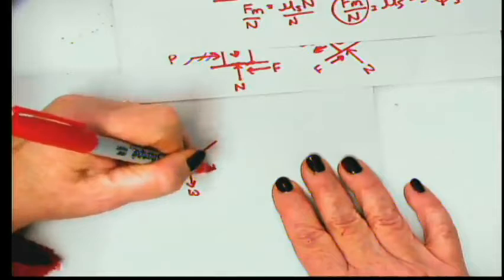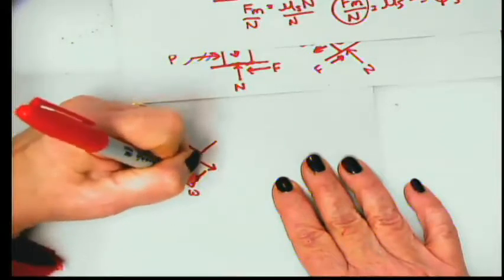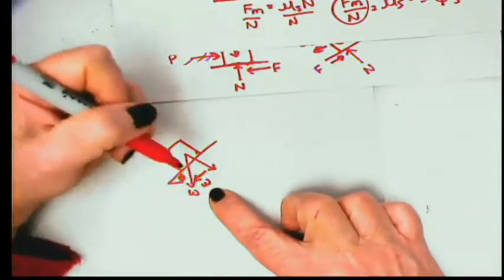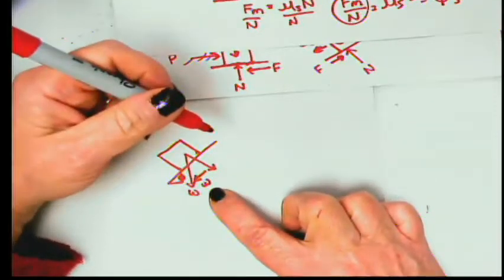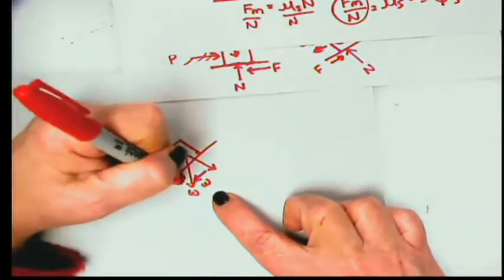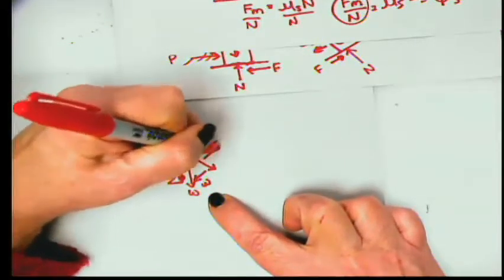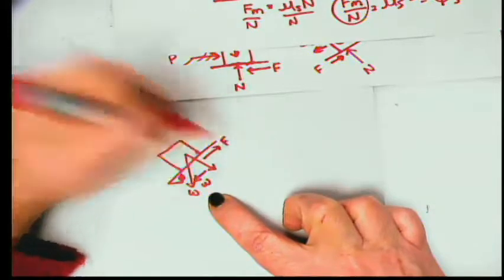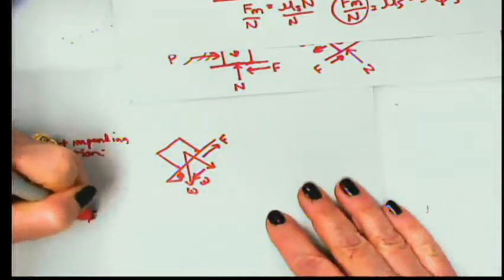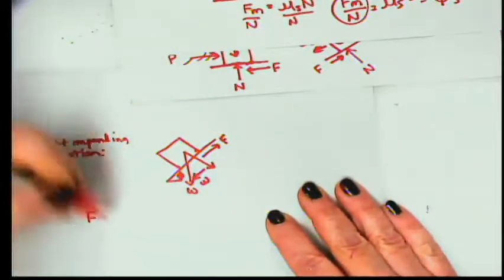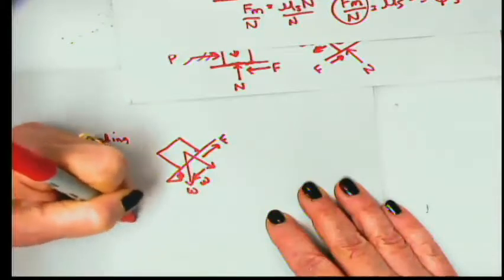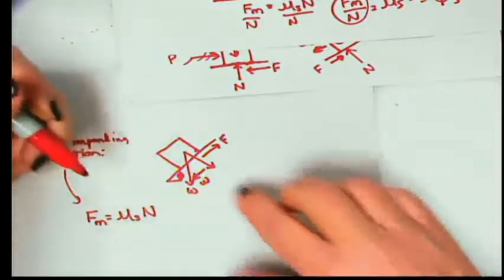The weight has two components, but the weight going down the plane is going to be opposed by the force of friction. So the force of friction at impending motion is equal to mu s times n.